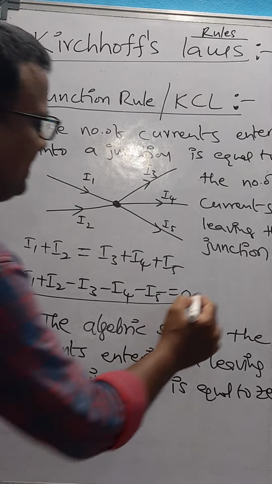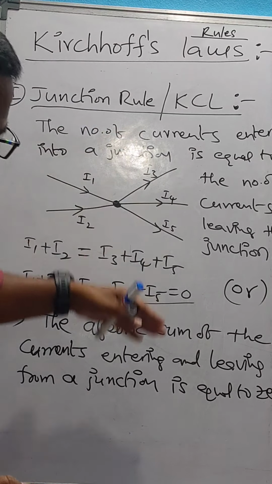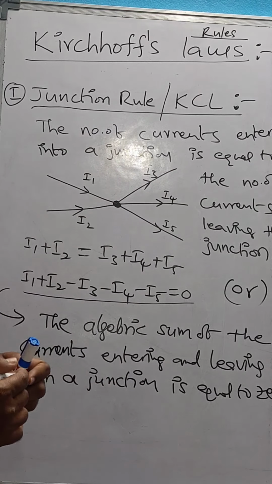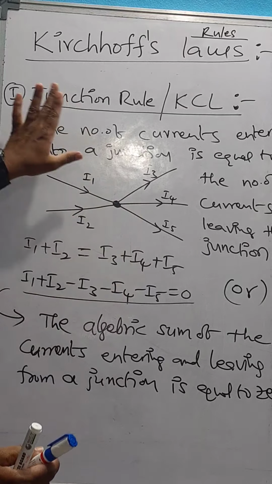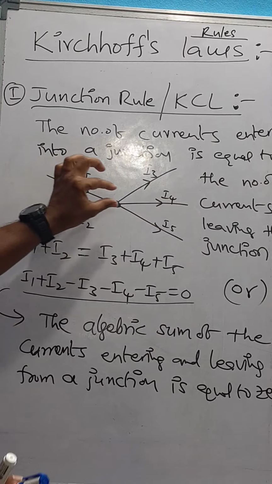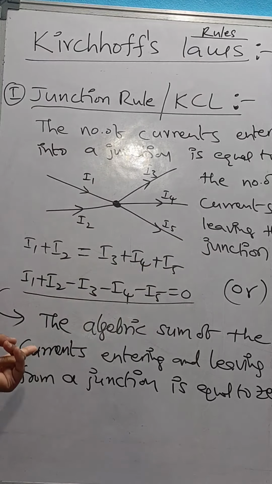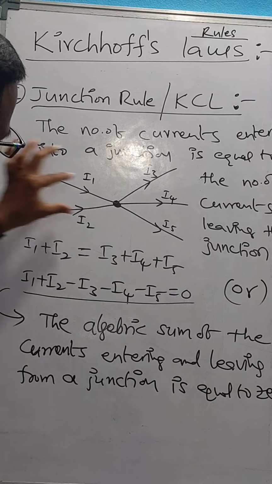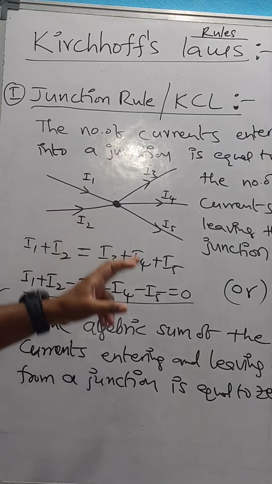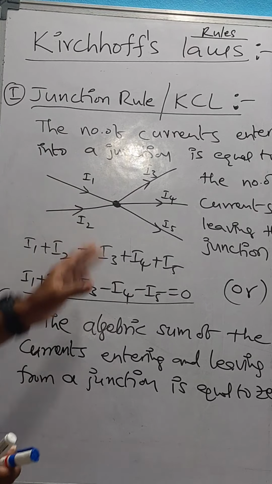So there are two statements for the same law, the junction rule or Kirchhoff's first law. The number of currents entering a junction equals the number of currents leaving it. In other words, the algebraic sum of the currents entering and leaving a junction is equal to 0. This is Kirchhoff's first rule.